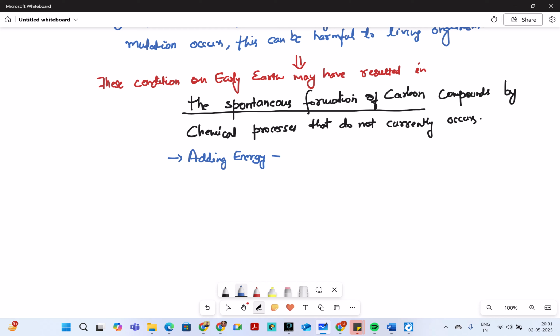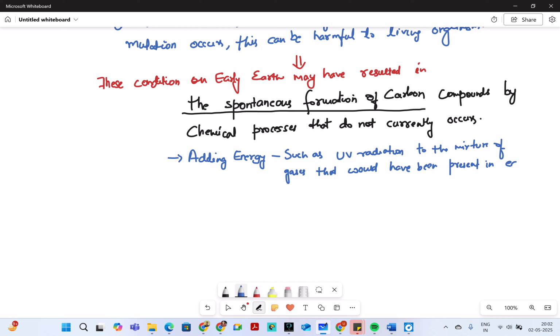So you can say such as UV radiation to the mixture of gases that would have been present in early Earth.